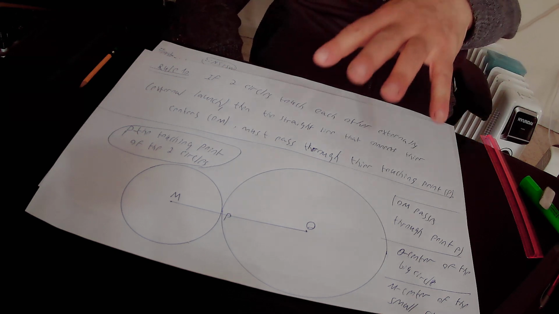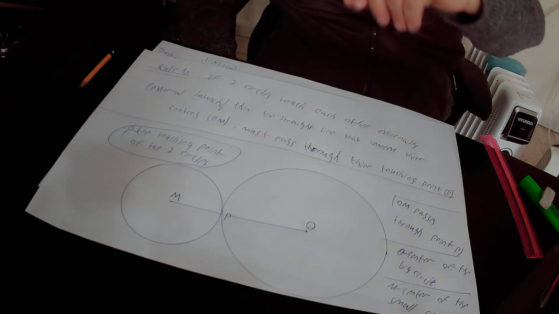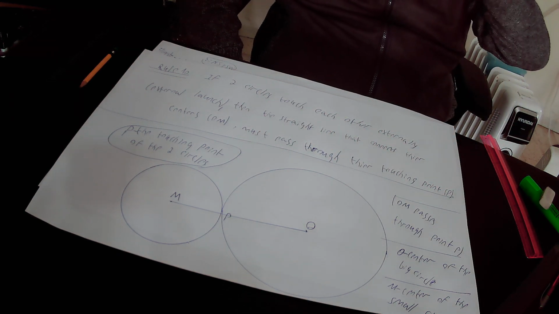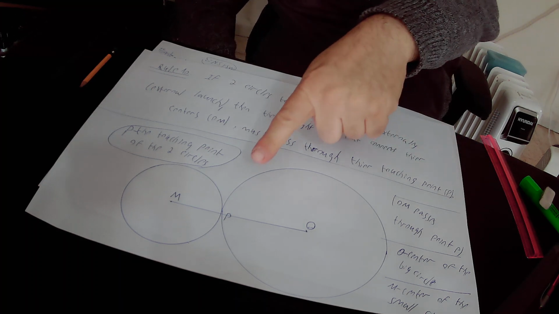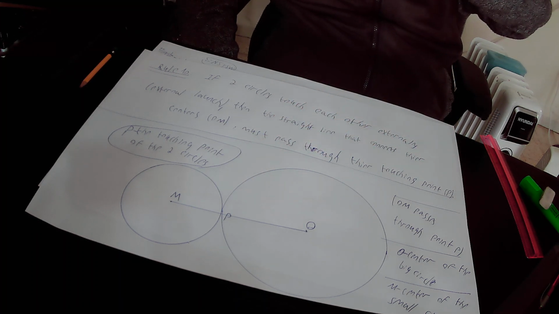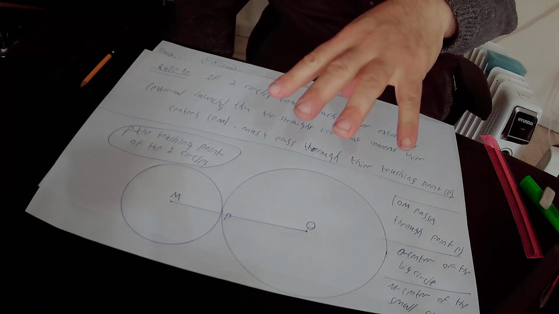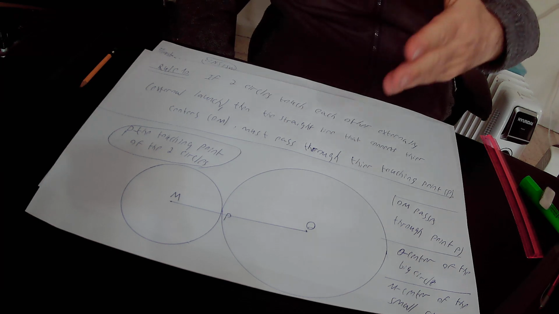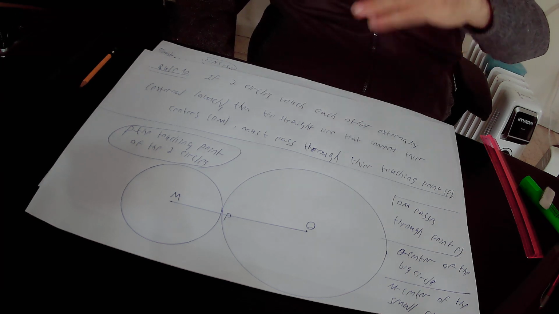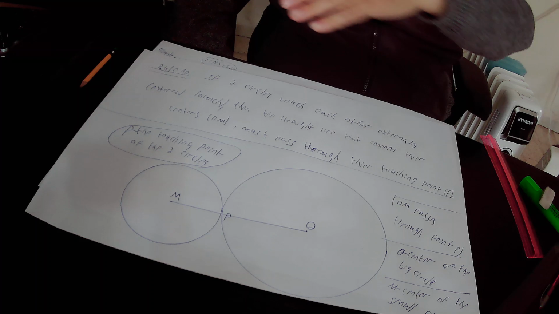So in the drawing we have those two circles. Those two circles touch each other internally at this point P. Point P is the point of tangency, therefore we have here an internal match between those two circles. We also have an external match between those two circles.